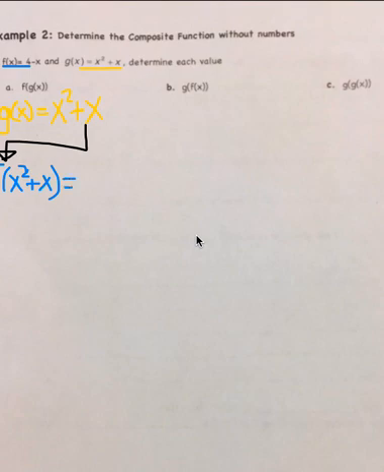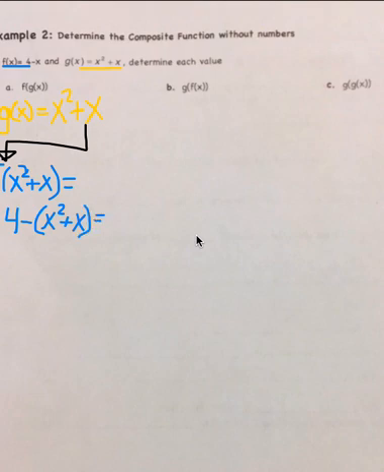And so that means in my function f, anywhere that I see an x, I need to plug in x squared plus x. So this is going to be equal to 4 minus, instead of it being 4 minus x, now it's 4 minus x squared plus x.